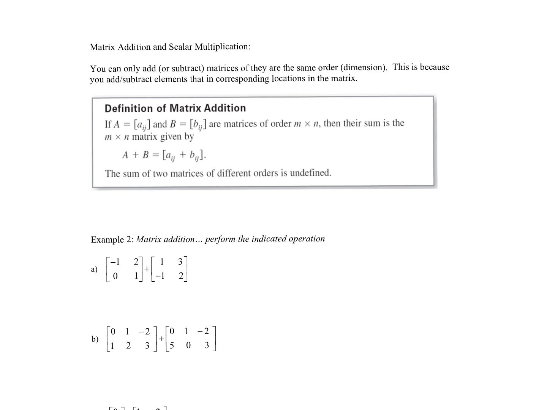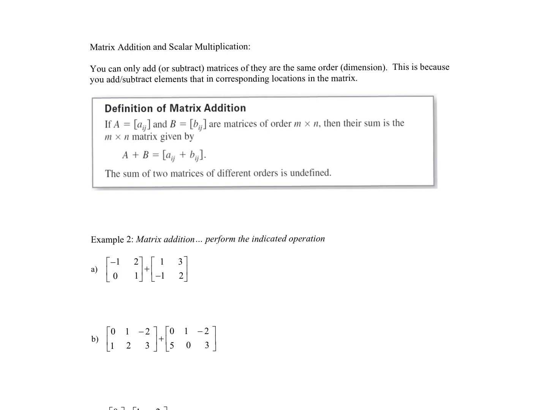Something that is worthwhile to note. So I have matrix A, matrix B. There's some order M by N, then the sum is the M by N matrix where you add the pieces together. The sum of matrices of different orders is undefined.